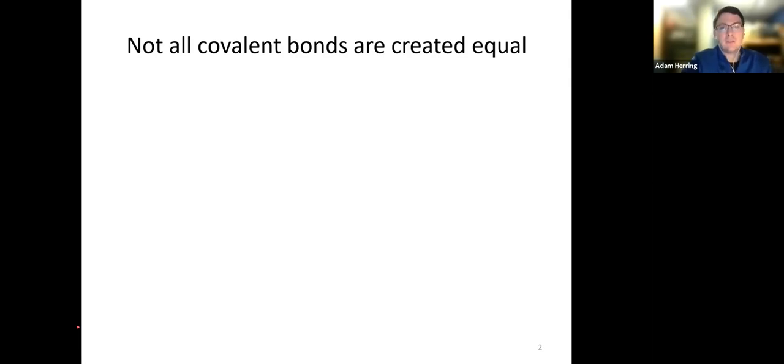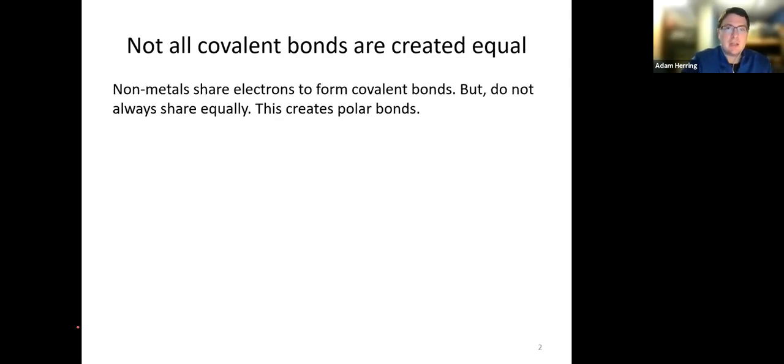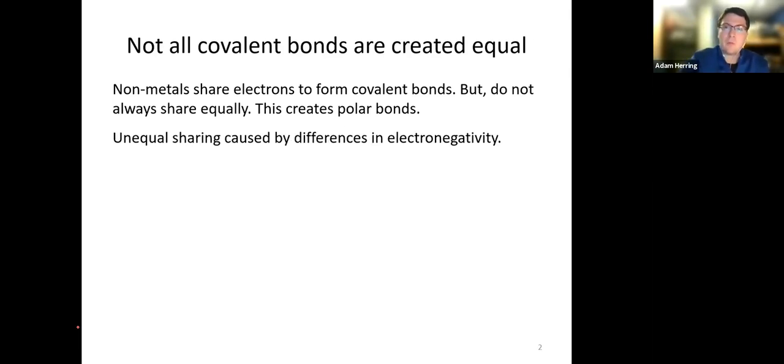The reason for those differences is because the electrons are not being shared equally, and this creates a difference in electronegativity. We call that a bond polarity. And this is caused by a difference in the electronegativity of an element.